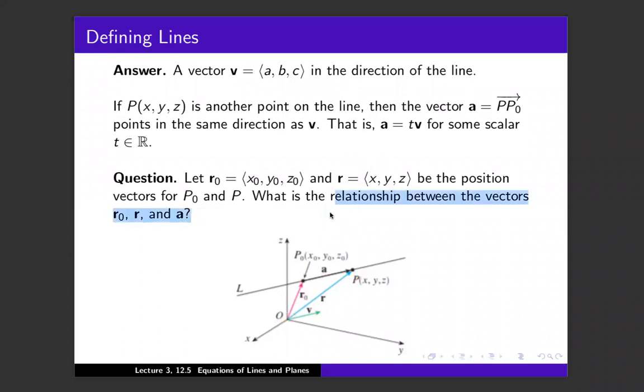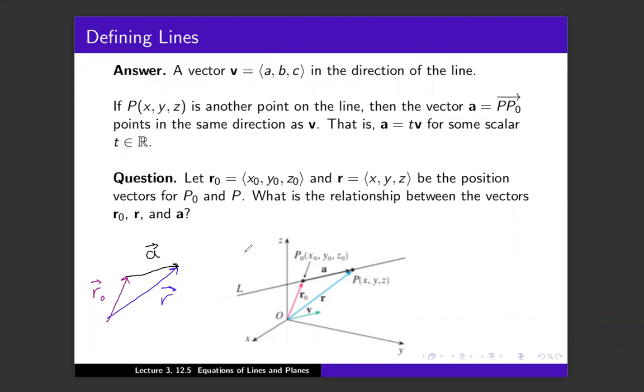Now, if we unpack that a little bit and expand this, here's the vector R naught, and here's the vector R. I'm basically just redoing what this image is on the side, expanding it a little bit, and trying to make it a little bit clearer with less distractions. And then here's the vector A. And what's the connection between these three things?